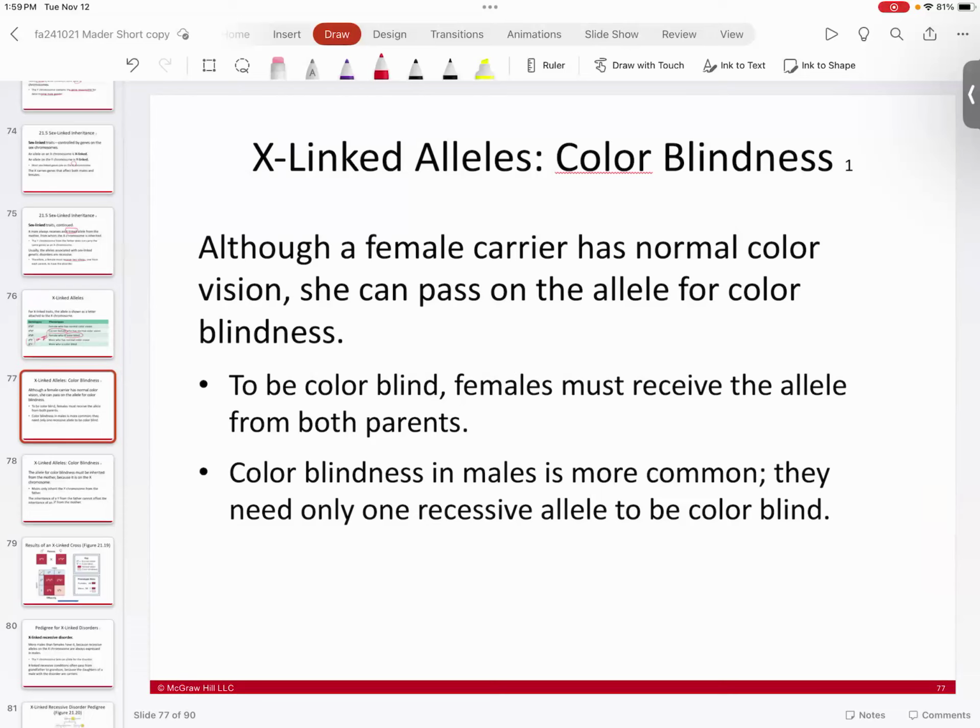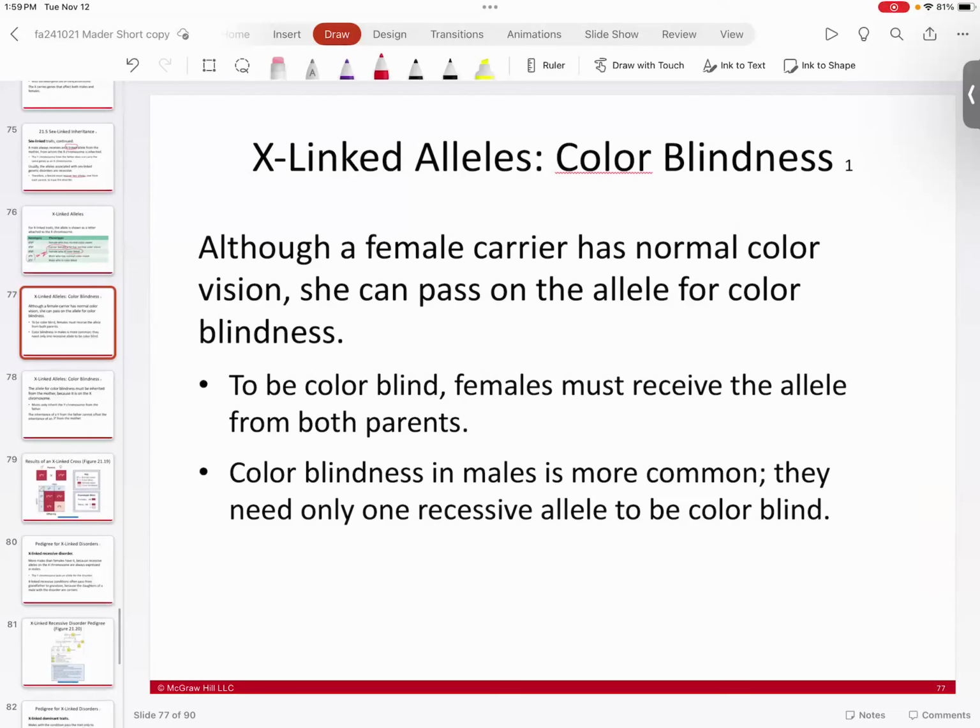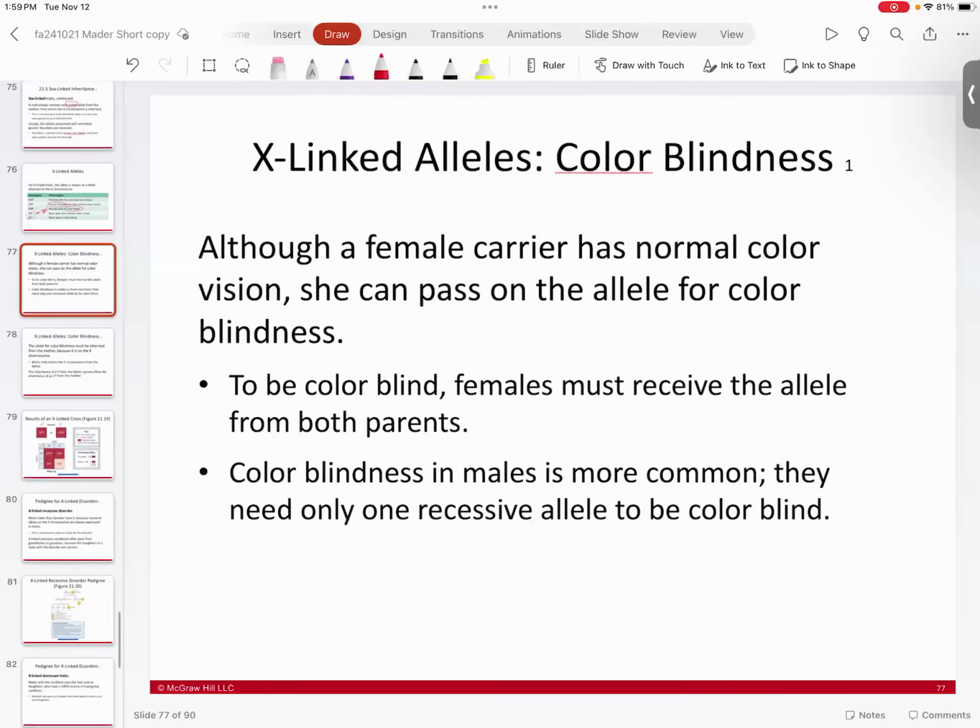So the mother herself is normal, but she can pass on the mutated allele to her sons and also to her daughters as well. For a female to be colorblind would require her to receive that allele from both parents, which means that essentially her dad would have to be colorblind and her mom would have to be a carrier.